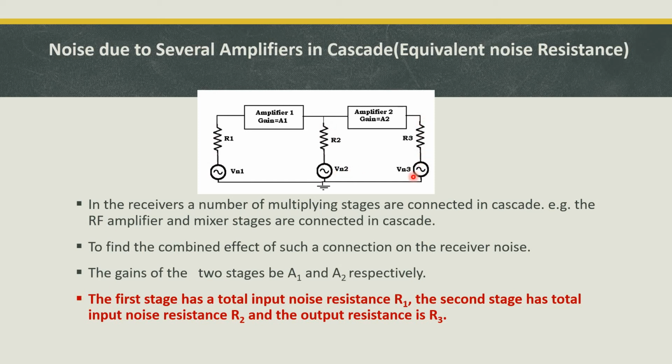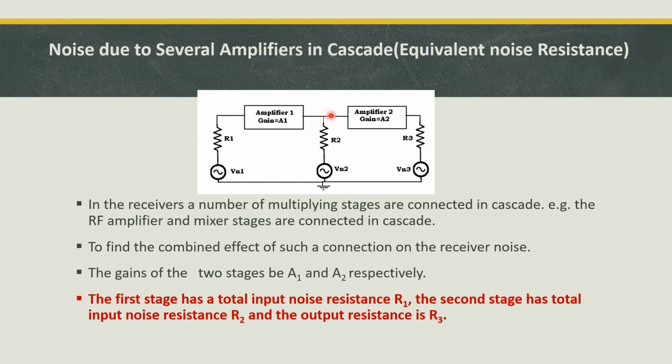So here if the noise voltage VN1 is applied to amplifier 1, what will happen? The original information signal and also this noise will be amplified with the gain factor of G1 or A1. This amplified noise and the noise generated due to R2 both will be added together.